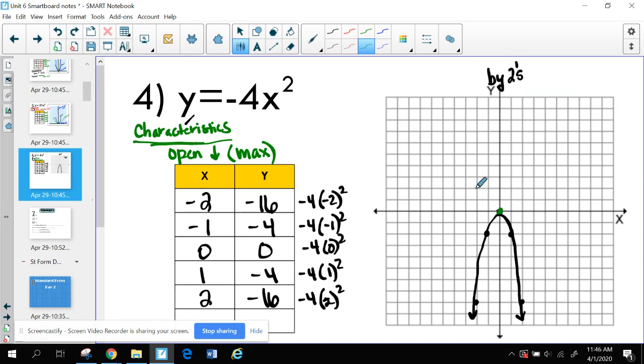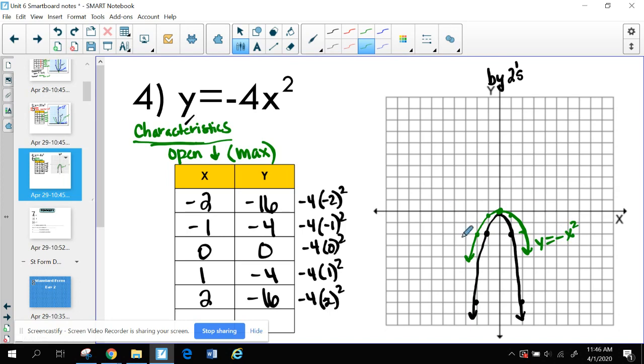So now I'm going to flip my original one as well. If I flipped to write y equals negative x squared, my graph would look something like this. So now this would be y equals negative x squared.